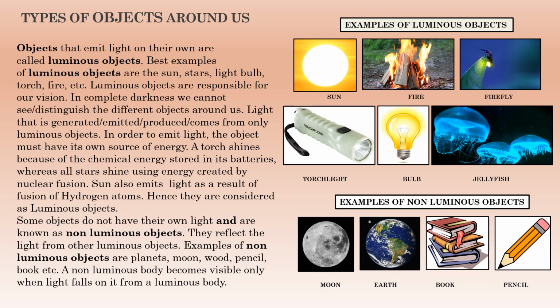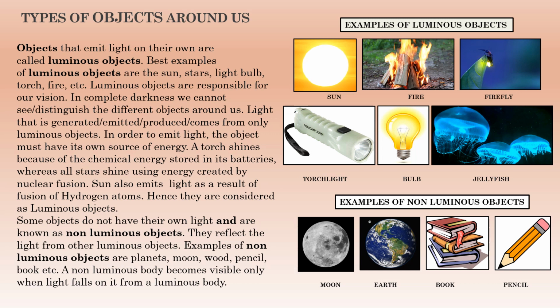Now, here we are going to learn about the types of objects around us. Children, we see so many objects around us. Some are dark, some are bright, some are colorful. Yes, isn't it?